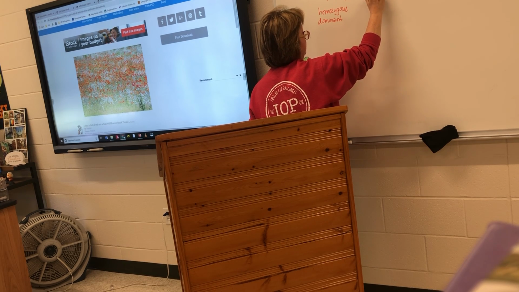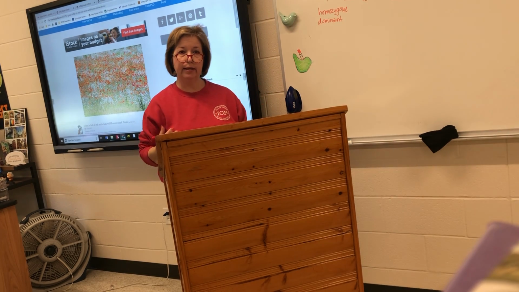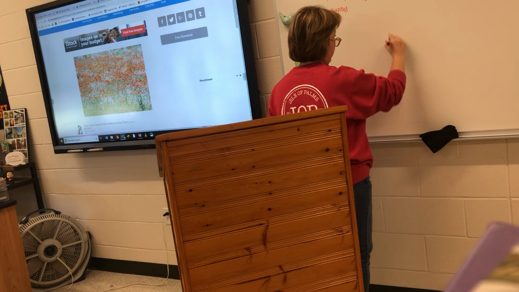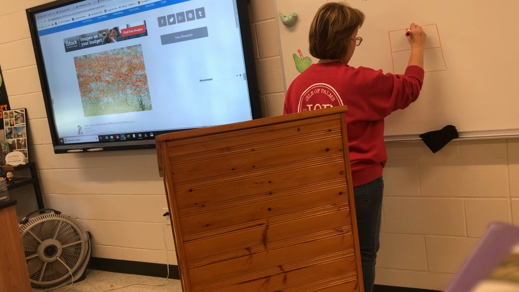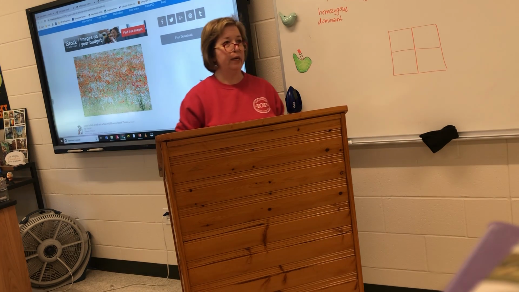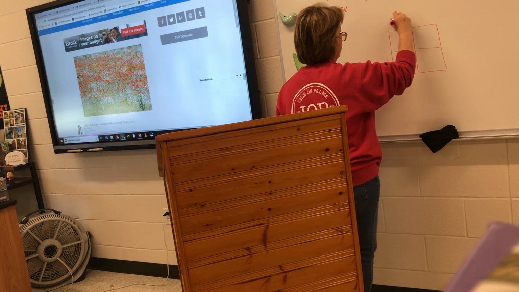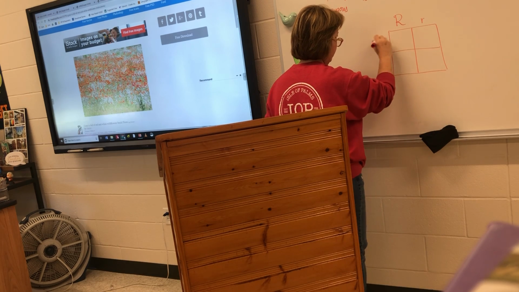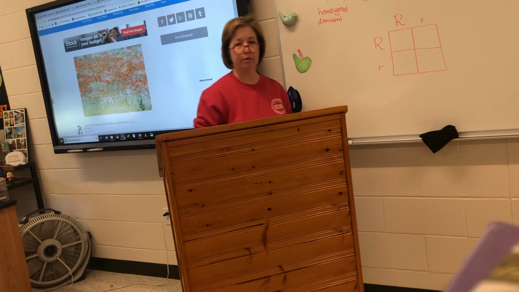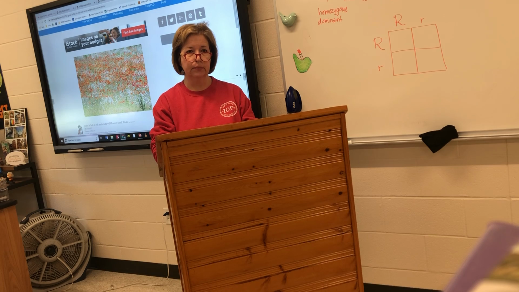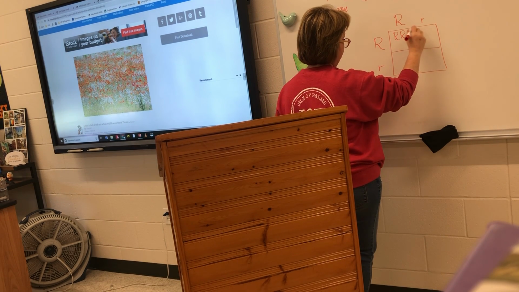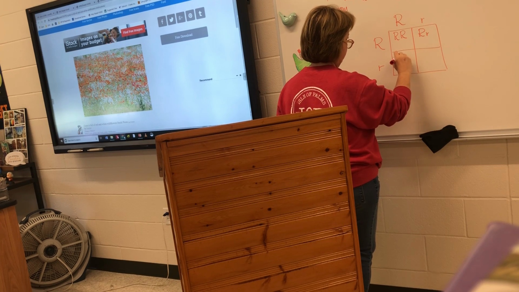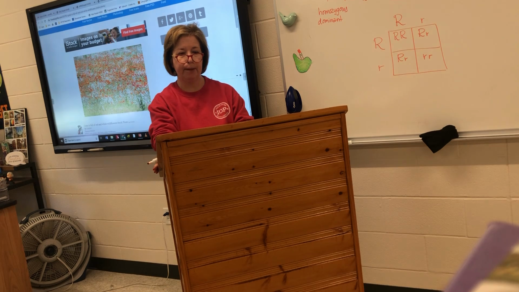Let's look at a Punnett square to see why that is. If we had a cross, a monohybrid cross, between two individuals that were heterozygous. So back to simple Mendelian genetics, and I'm not going to fill up the box for a reason. Okay.